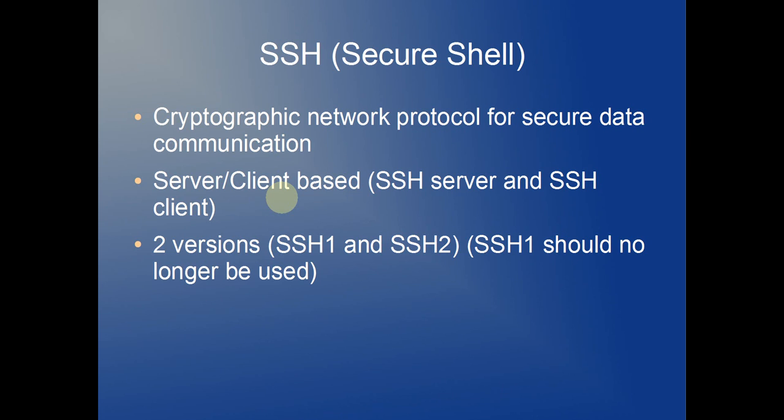So if somebody intercepts your SSH communication, they're not going to be able to read it without knowing what the password is. Now SSH also is server client based. So that means you have to have a server and a client. And on that server, let's say it's a Linux box that's serving SSH, you have to have the SSH port open on your firewall, and you have to have SSH running on that port.